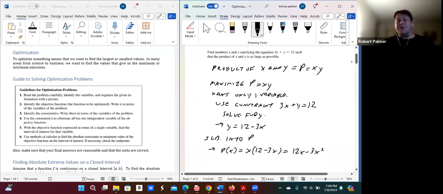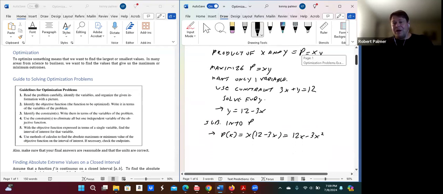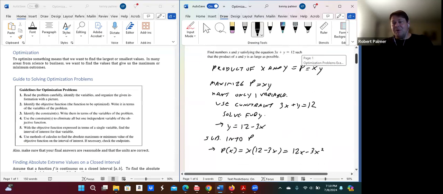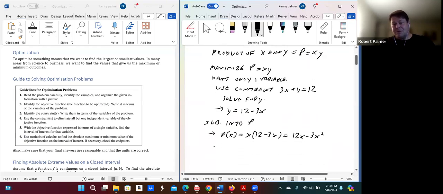Now a couple things I want to mention. Think about what our possible limits are for x and y. Obviously they both have to be bigger than 0. Let's call them our bounds. So x has got to be greater than 0. What about y?